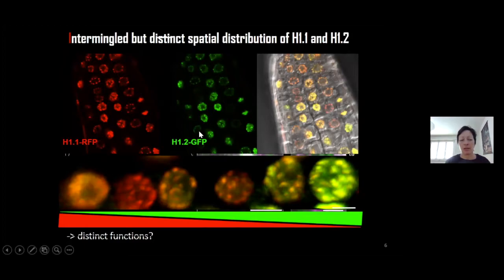So you have here a picture of a root tip in Arabidopsis, and below you have a cell file going from the left to the right, from the less differentiated to the more differentiated state. And as you can see, when we go more towards differentiation, we increase the abundance of H12 at the detriment of H11. So here again, it points towards different functions of H11 and H12, but we don't know exactly which kind of function. So there is more investigation on the way.